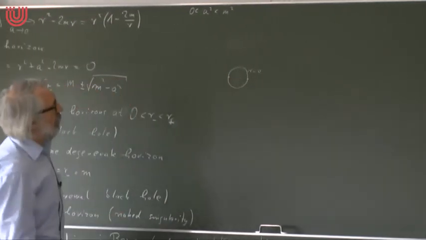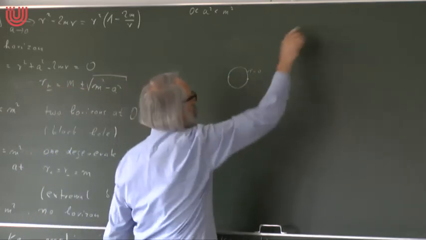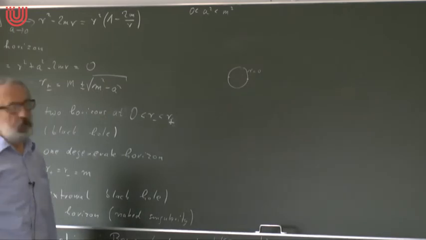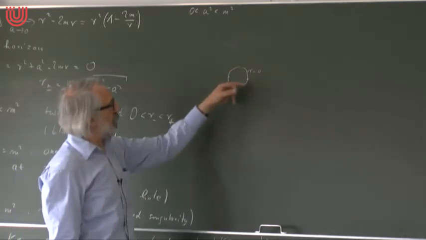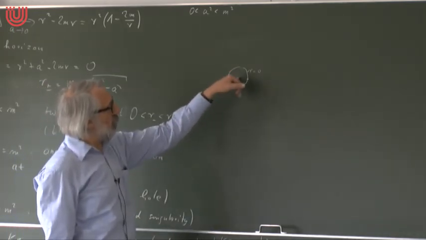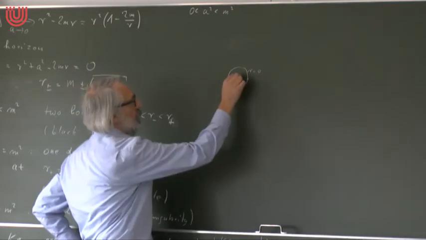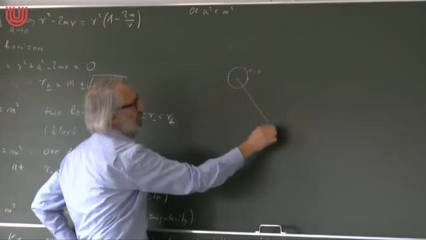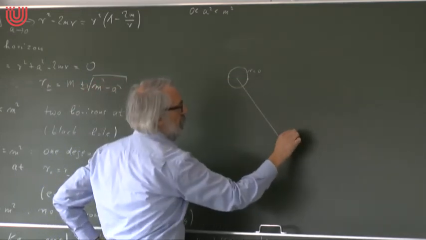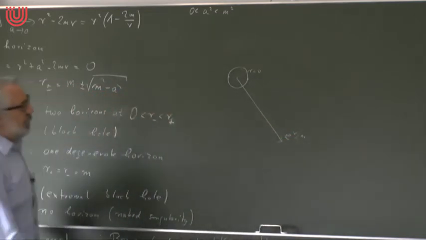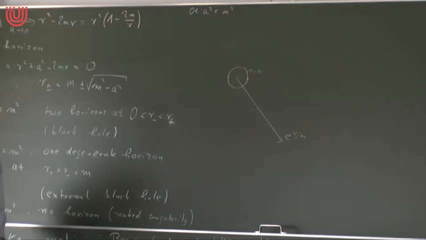So you could imagine, for instance, you could plot for the distance from the origin e to the r. e to the r would be finite at r equals 0, and the origin, e to the r equals 0, would correspond to r equals minus infinity. So r equals minus infinity would then be here at the center. Let me indicate this in this way. So this would be e to the r, or if you like, e to the r over m to make it dimensionless in the exponent.